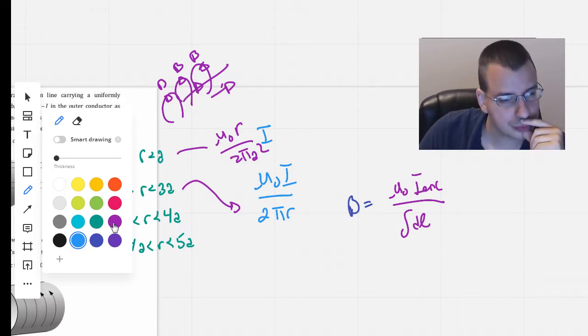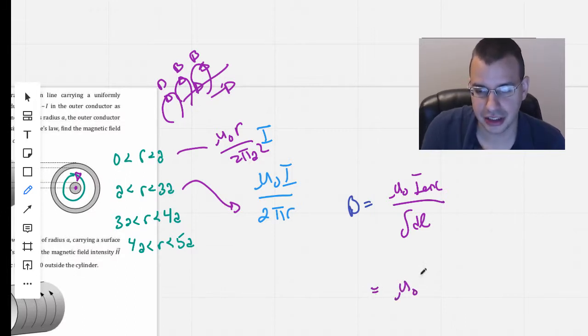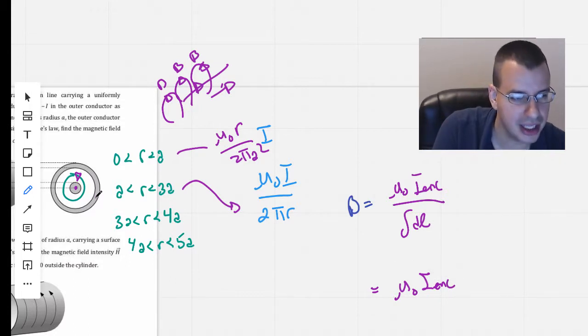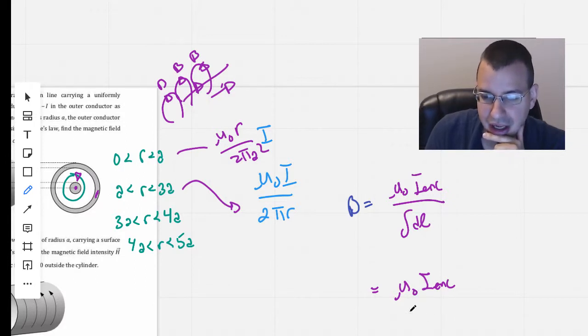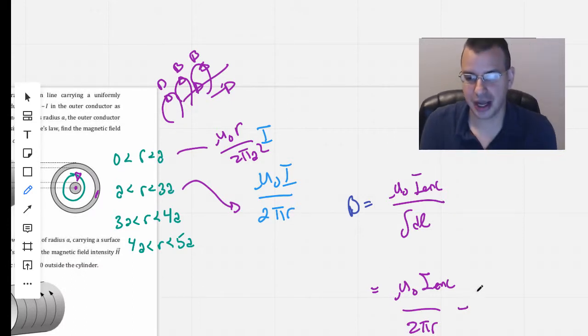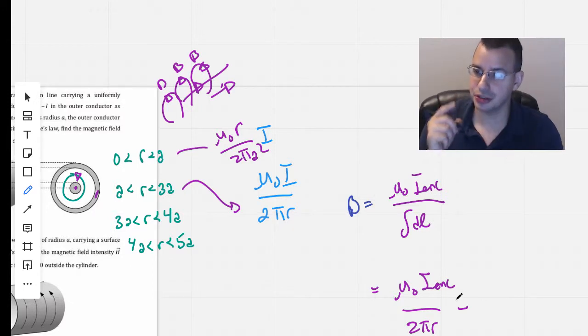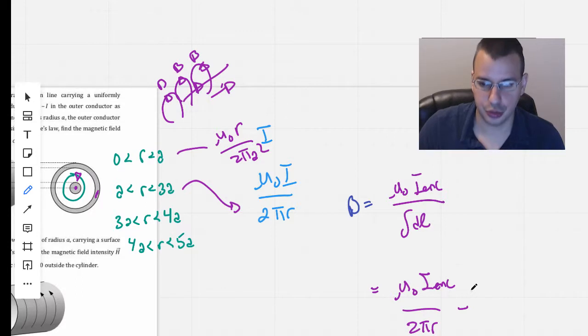So now we get to the next one, where we're going to have mu naught I enclosed. So we're somewhere within the outer ring now. Mu naught I enclosed over 2 pi r. So this is from the inner coaxial, but then we're going to want to subtract off, since it's going in the opposite direction, the magnetic field produced by the outer ring.